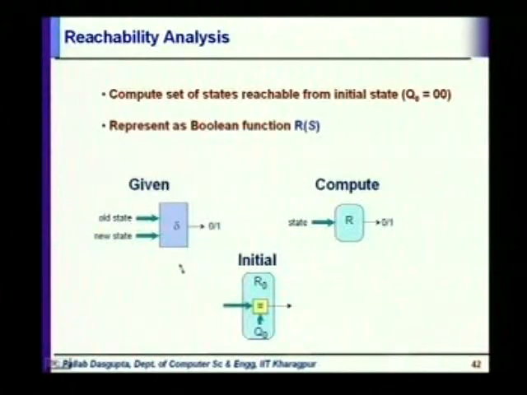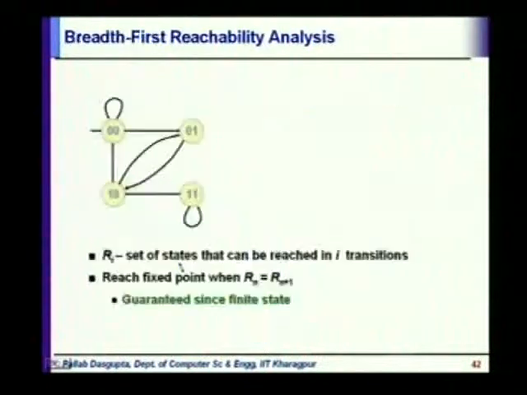We start from the initial state, and we are going to go breadth first. In the first iteration we will start with this one.